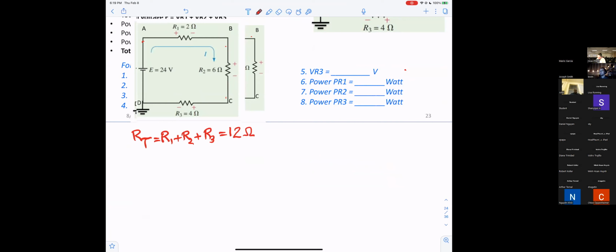Now I want to calculate the total current. I equals E divided by R total. They will be 24 divided by 12.